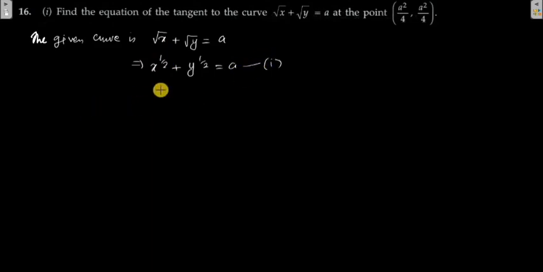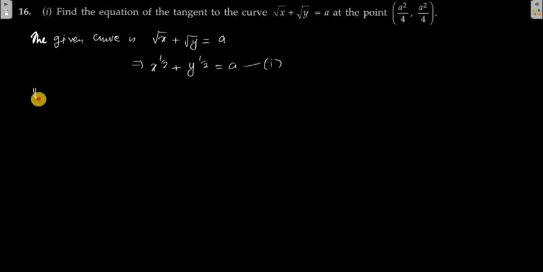Now you need to see this is the given curve, remember. Whenever you find the equation of a tangent, first and foremost you need to find the slope of the tangent, which is given by dy by dx. So we will differentiate this.